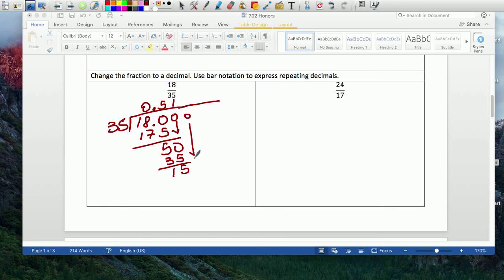Bring another 0 down. That's going to be 4 times, right? Which is going to be 140. 10 left over, bring another 0 down. And that's going to be 2 times, which is 70. 30 left over, bring another 0 down. I'm going to say 35, maybe 8 or 9 times. So 35 times 9 equals 315. No. 35 times 8 equals 280. So it's going to be an 8.